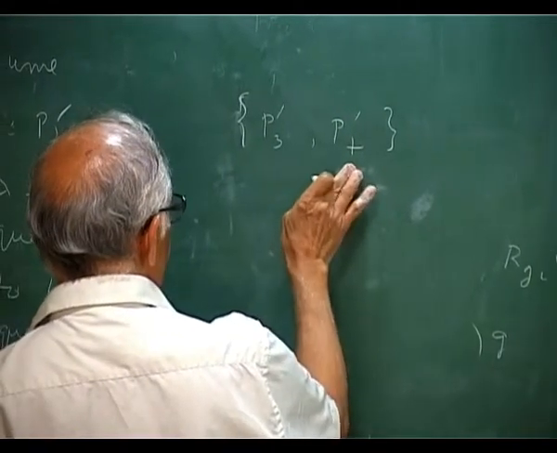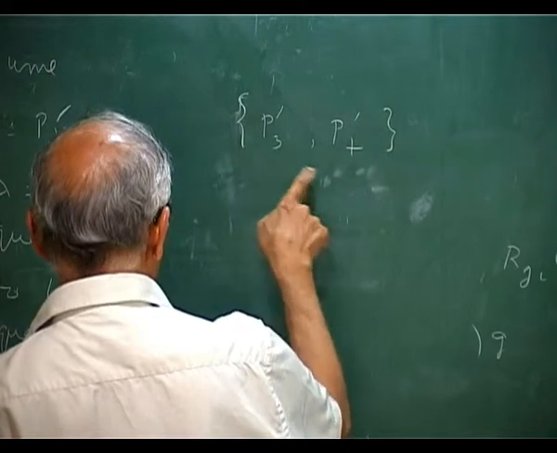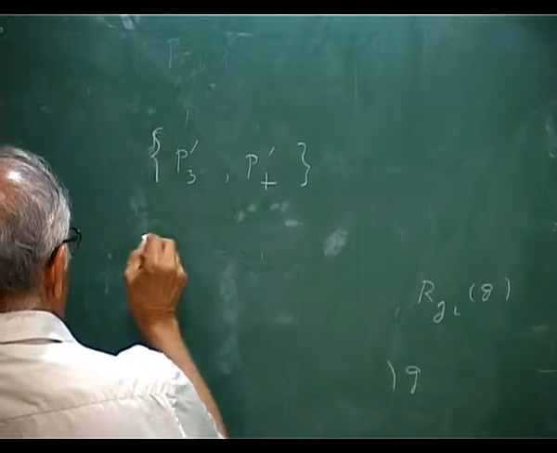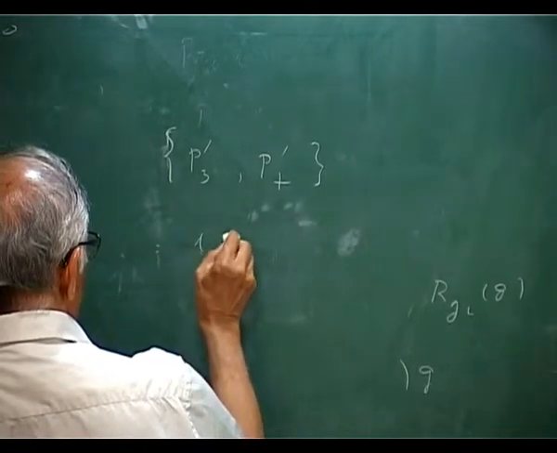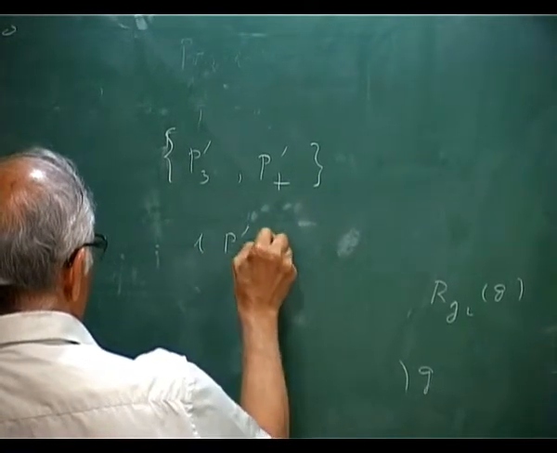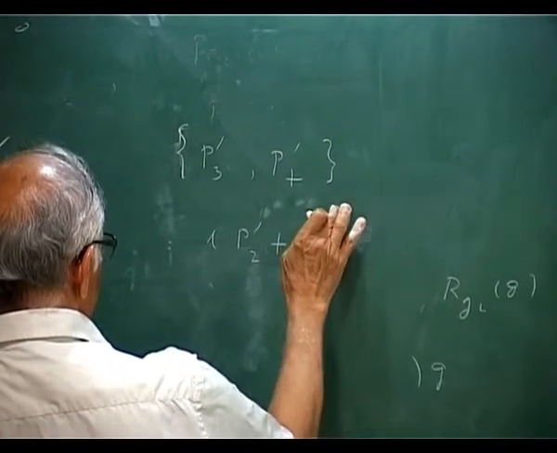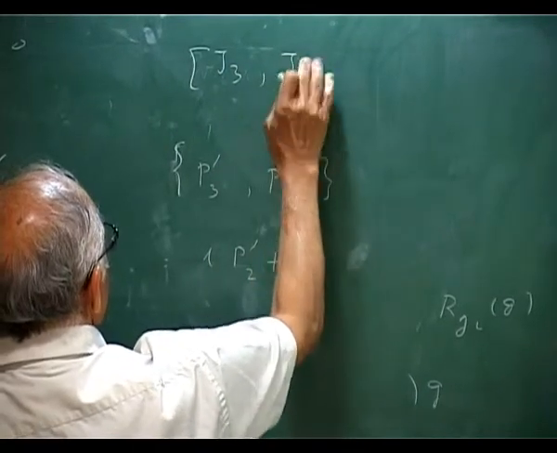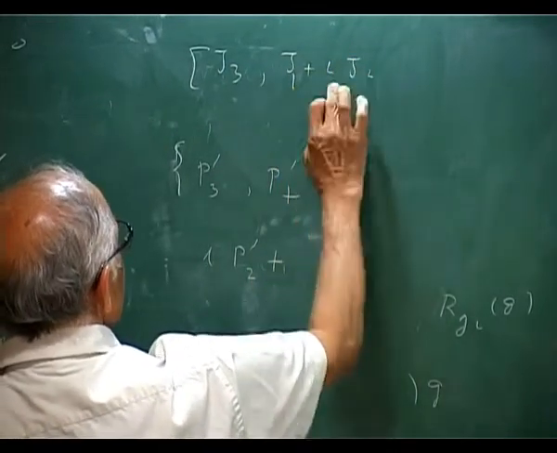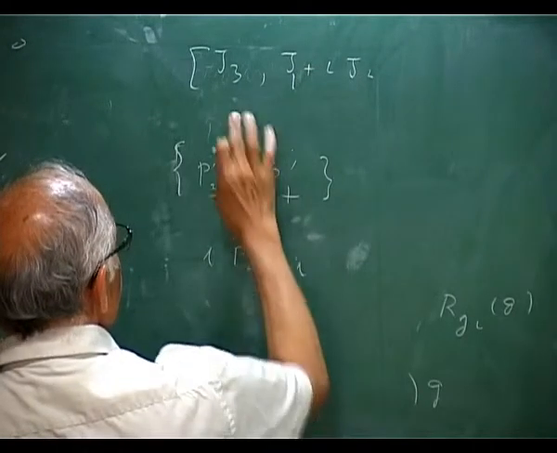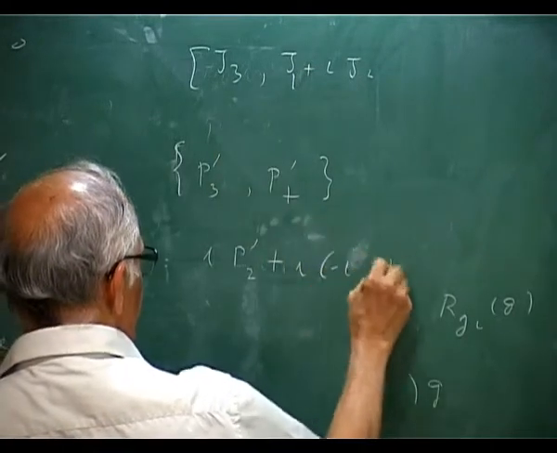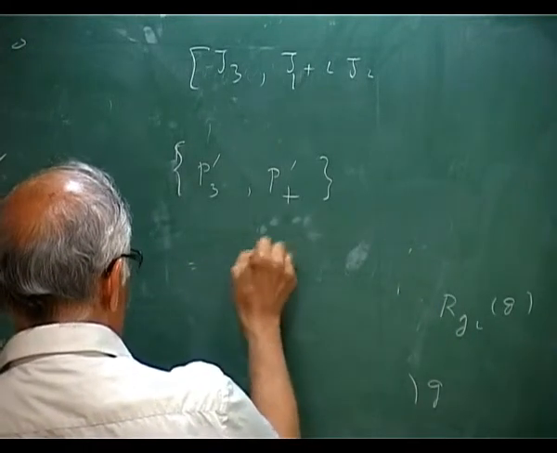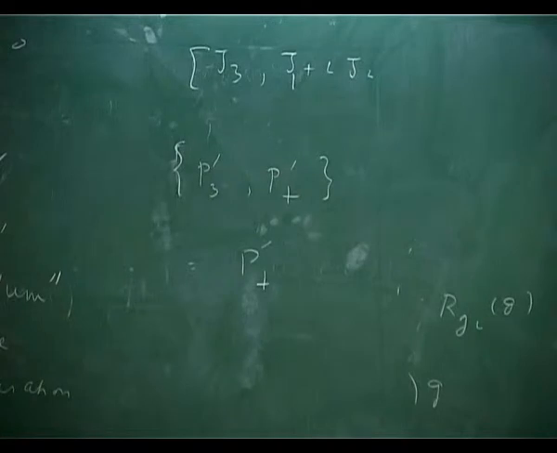This is a raising operator. So I want J3 with J1 is I J2, right? J3 with J1 is I P prime 2. I am getting confused. J1 plus I J2, right? There is an I here. So it should be I, J3 with J2 is minus I P prime 1. So this is simply equal to P prime plus. They are closed.